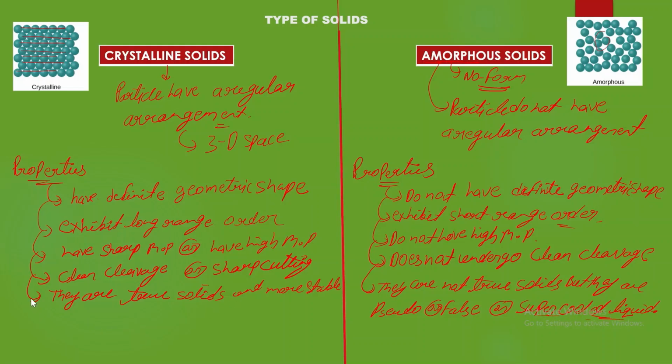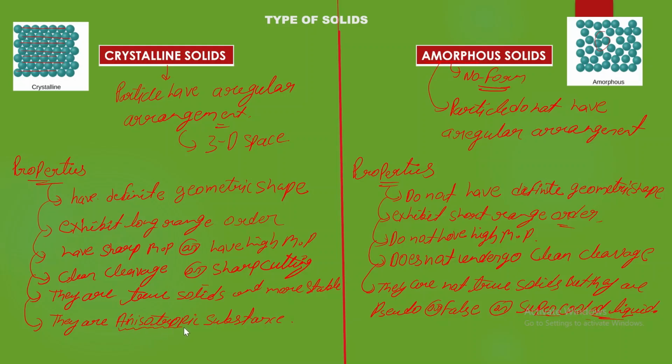Now the next property: crystalline solids are anisotropic substances.